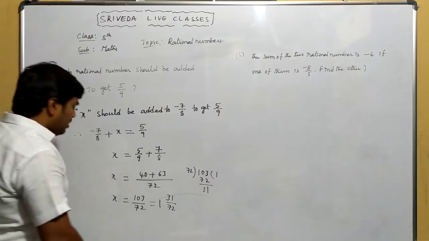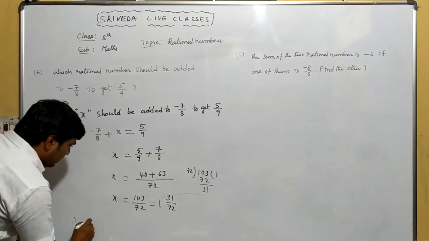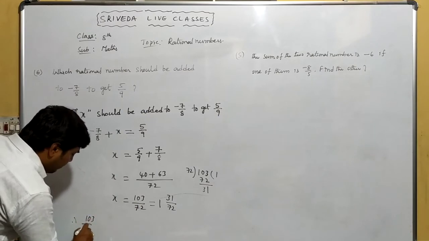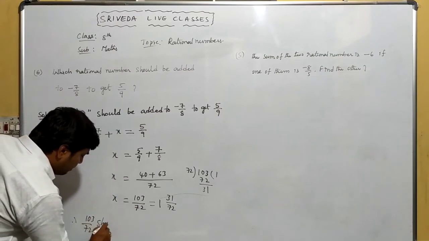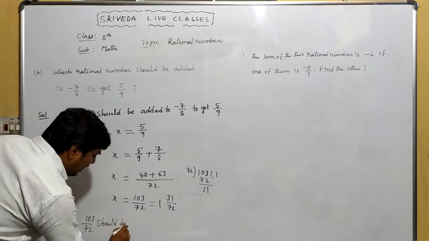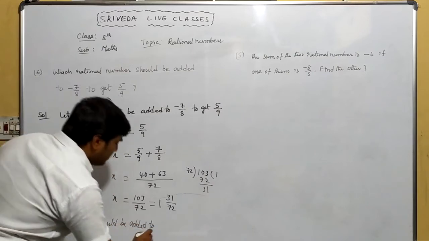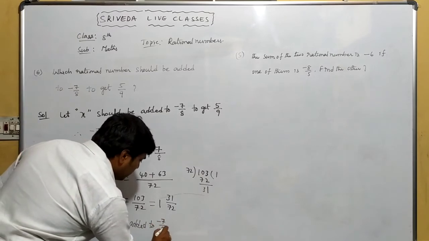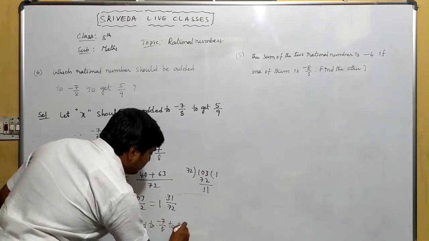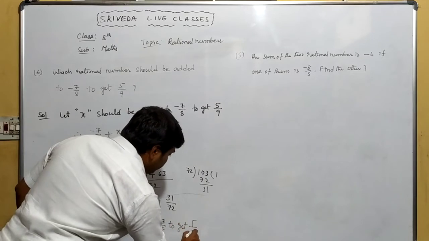Therefore, 103 by 72 should be added to minus 7 by 8 to get 5 by 9.